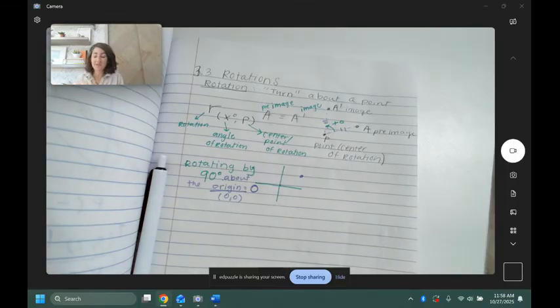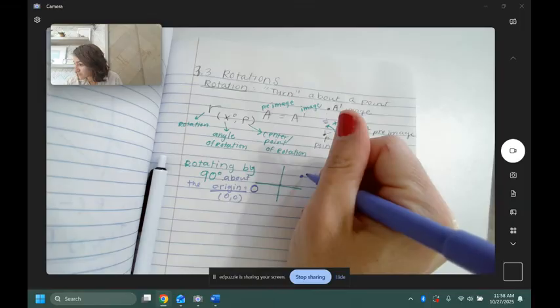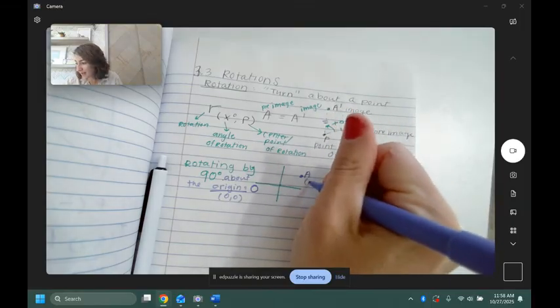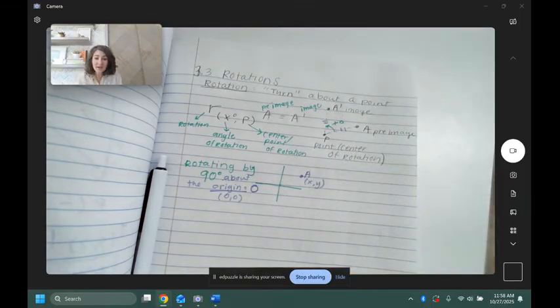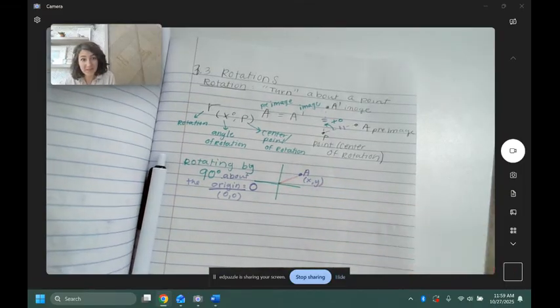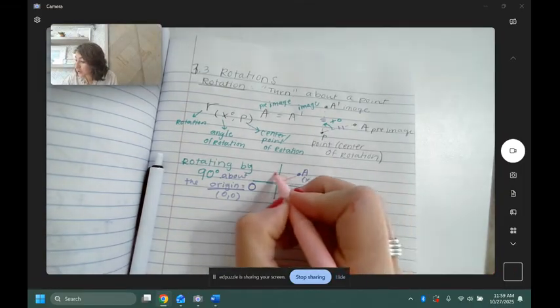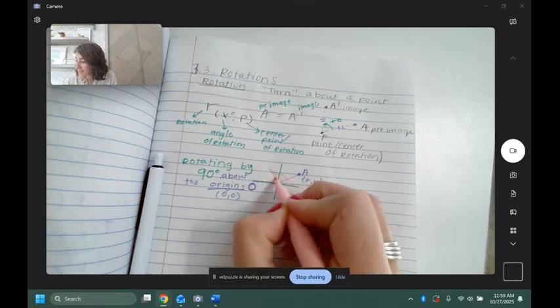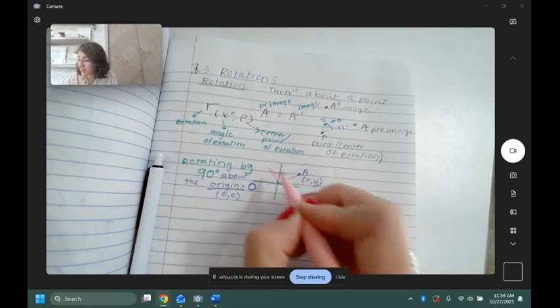All right, so say I have this point here. This is my pre-image. This is the point X, Y. If I were to rotate it about the origin, so I'm going to find this line here, and that's the point X, Y. And I turn it 90 degrees. These two lines are equal.